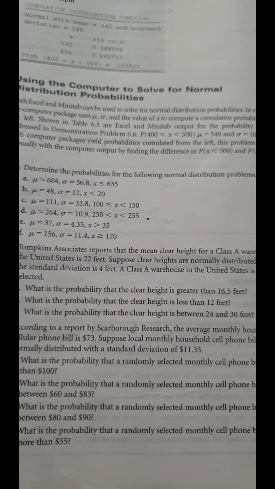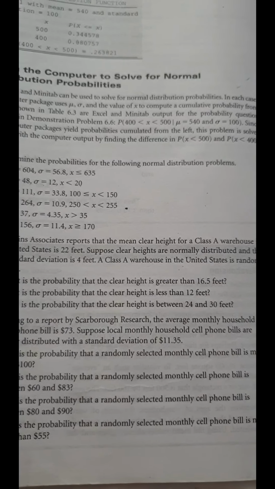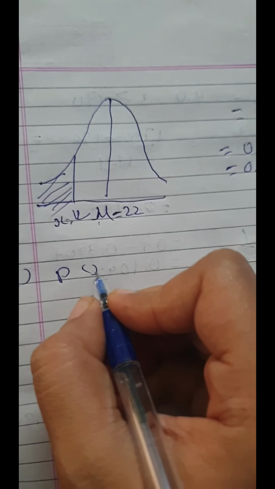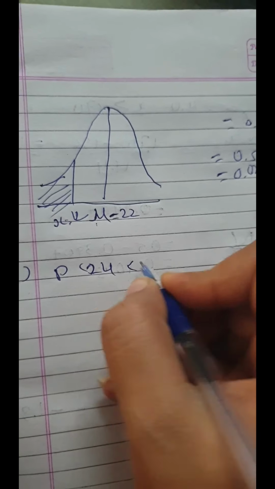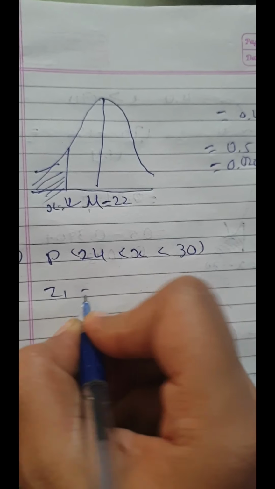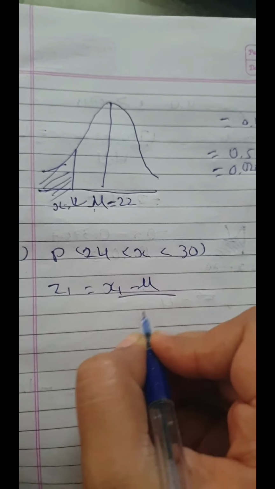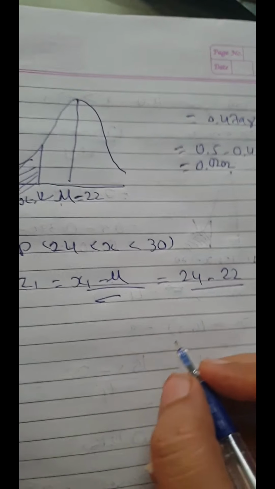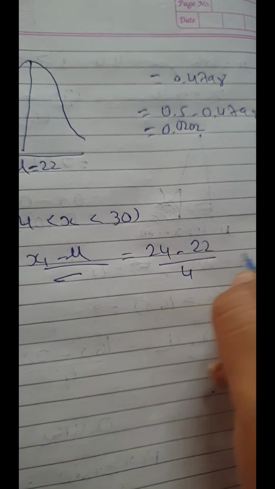And last, what is the probability that clear height is between 24 and 30 feet? P of 24 less than X less than 30. So Z1 is X1 minus mu upon standard deviation, 24 minus 22 upon 4.